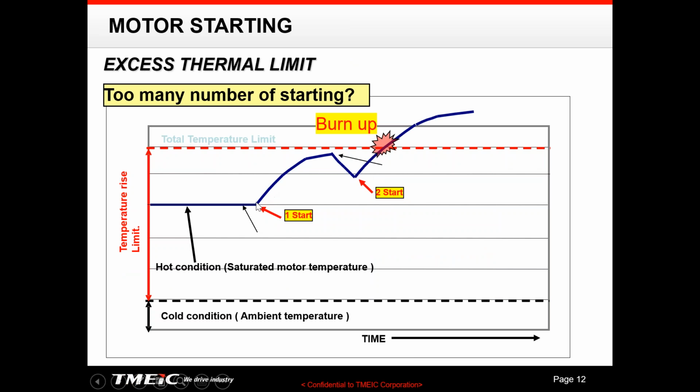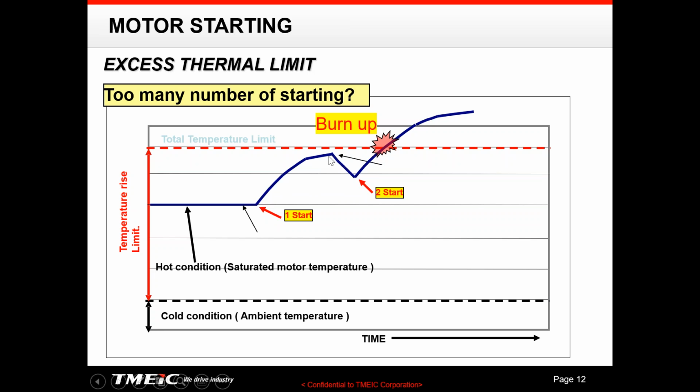But if the first hot start wasn't successful, and you didn't know how the motor was designed, so you just hit it again and had another second start from that hot temperature condition, then the motor is going to be burned out. You will damage the motor windings, because it's over the Class B temperature.